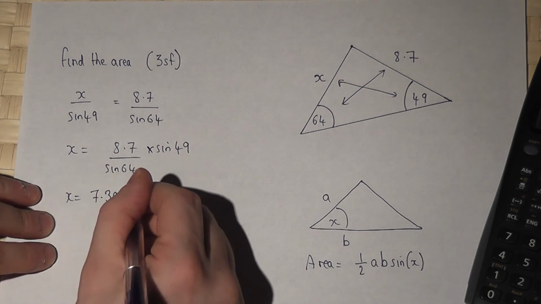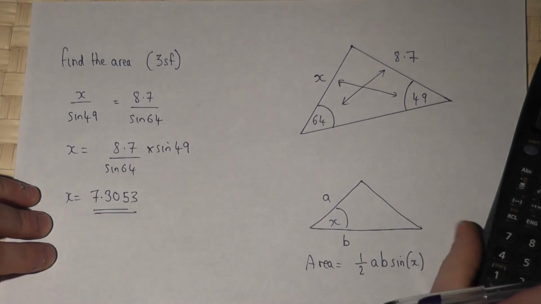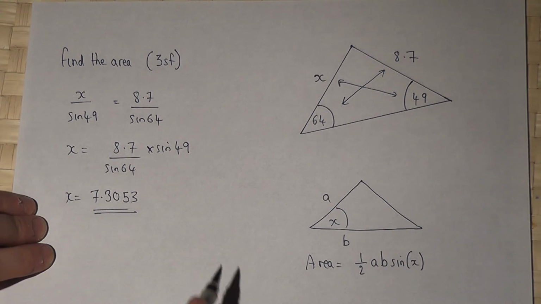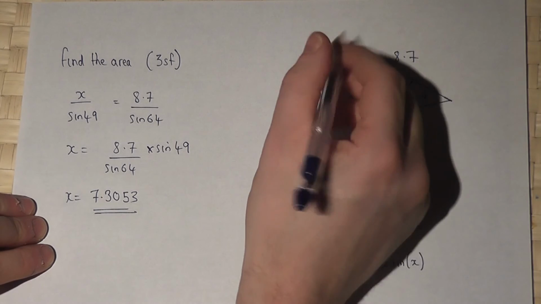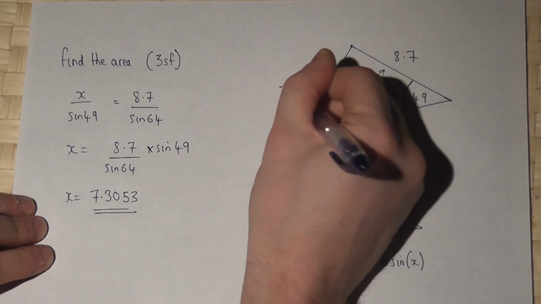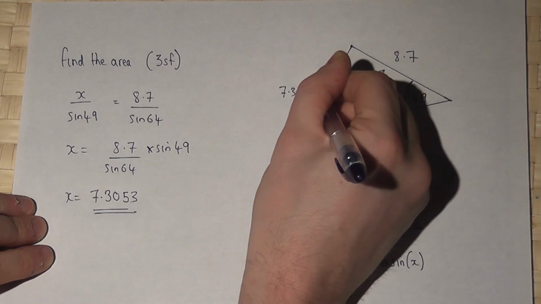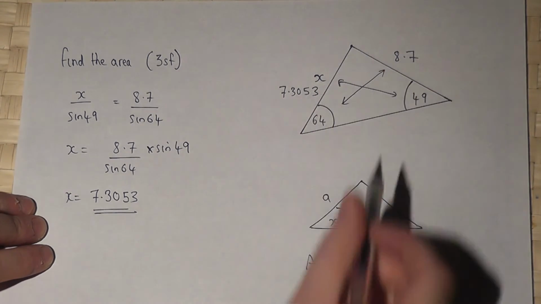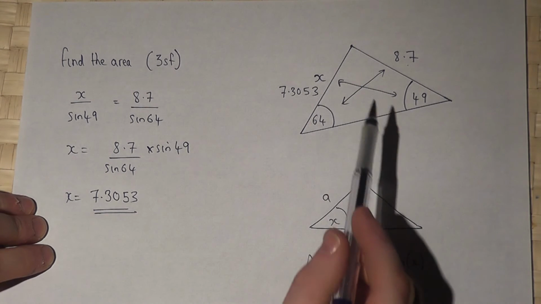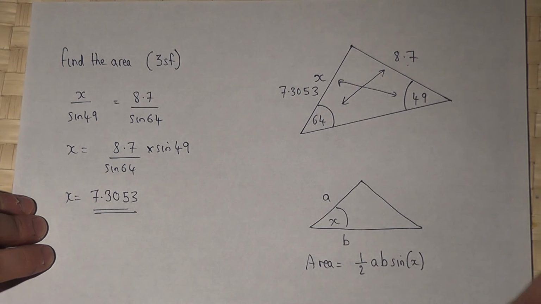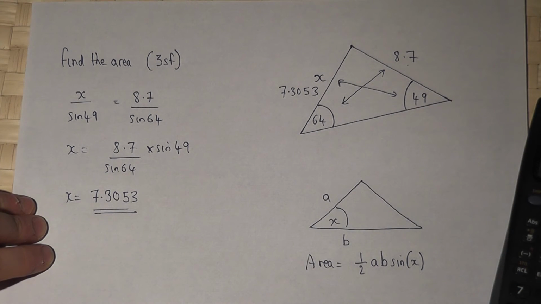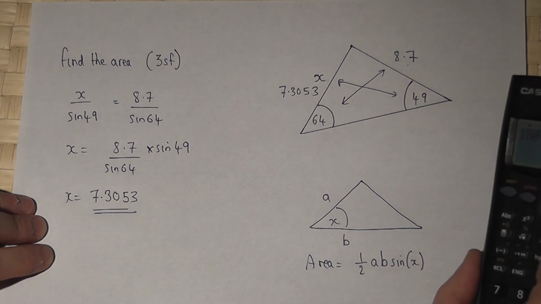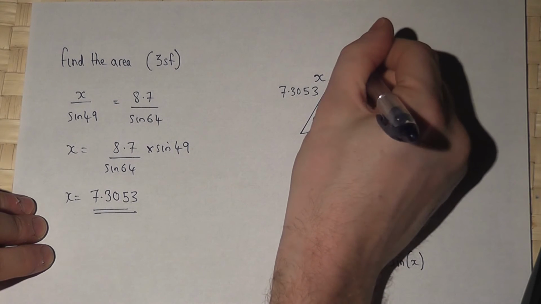Now then, I therefore know x, so if I know the angle contained within, then I'll know two sides and an angle. But I can find that angle. If I do 180, take 49, take 64, then I can find the angle here to be 67.